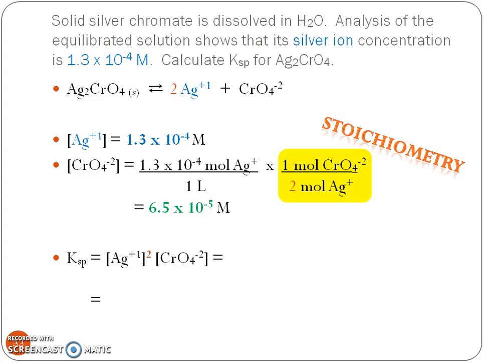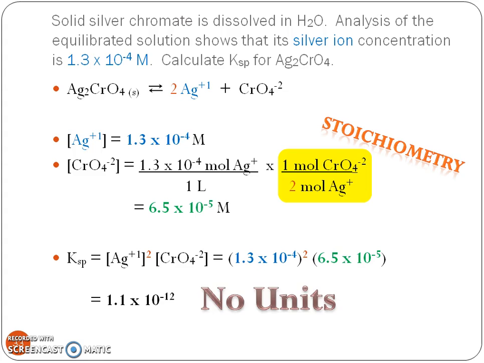Now we can put it into our KSP expression. However, again, remember we have that exponent. So we're going to plug and chug our numbers, making sure that we square that 1.3 value and get a KSP of 1.1 times 10 to the negative 12th. Very, very small. And remember, no units. Even though this is a constant, it does not have units.